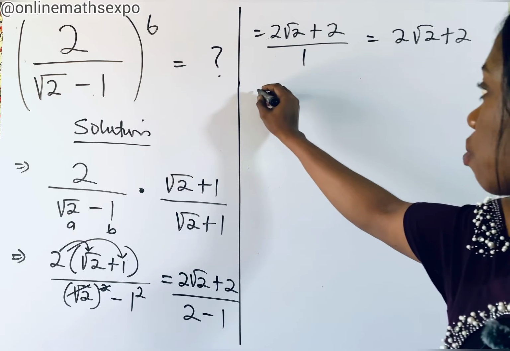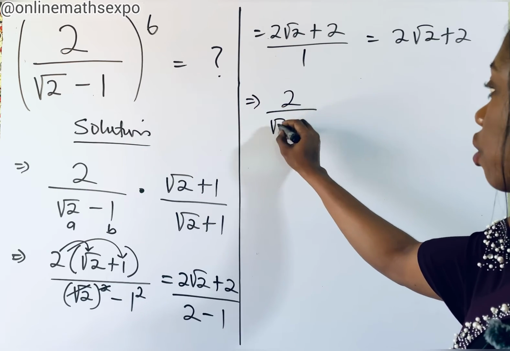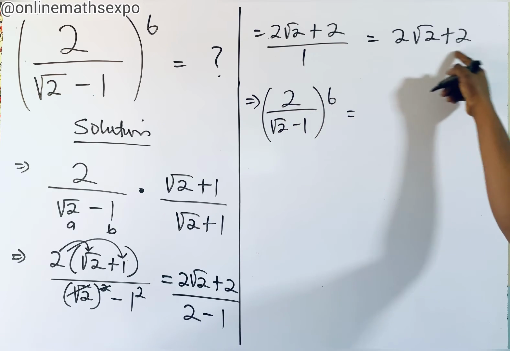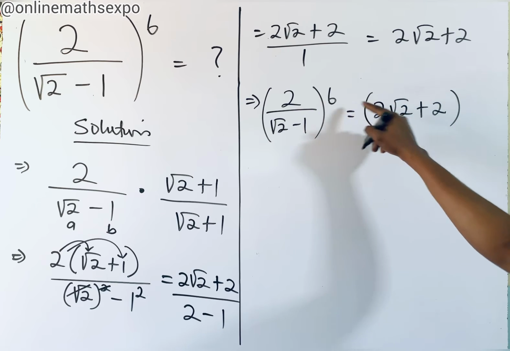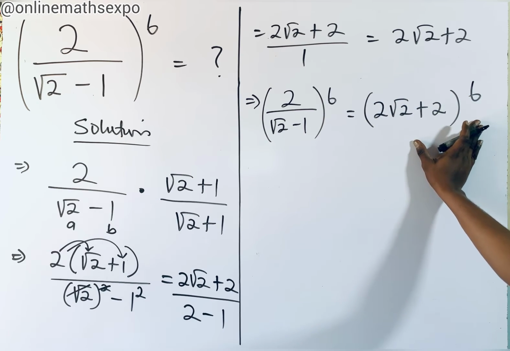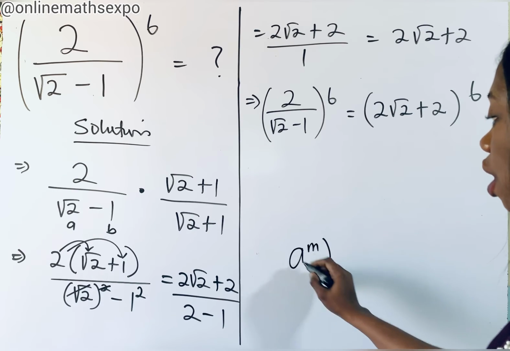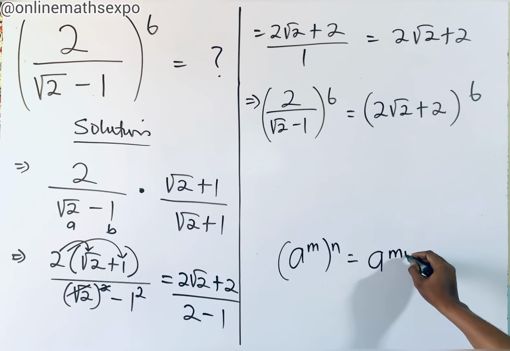So to do part B, what do we do? This implies that 2 divided by root 2 minus 1, to the 6th power, is the same as 2 root 2 plus 2 raised to the power of 6. So this is what you want to simplify now. Now quickly remember, each time you have a to the power of m raised to the power of n, it means a to the power of mn, the powers will multiply.